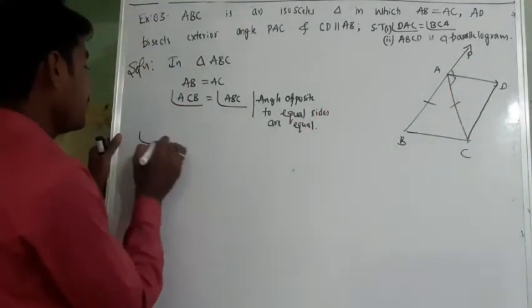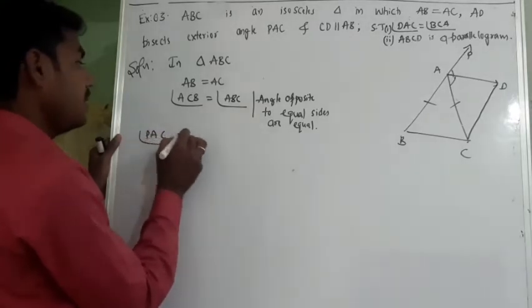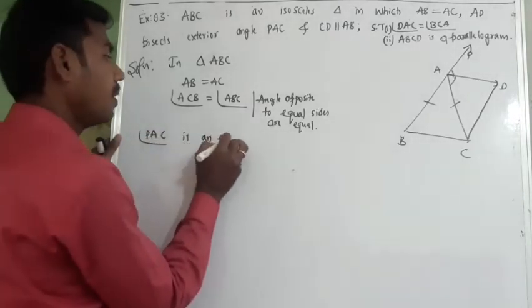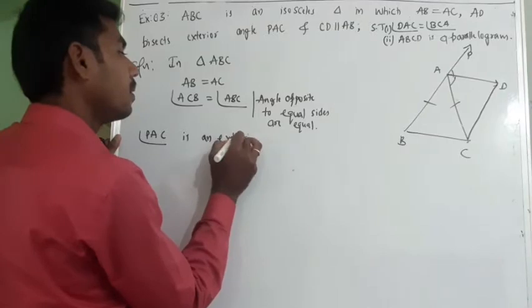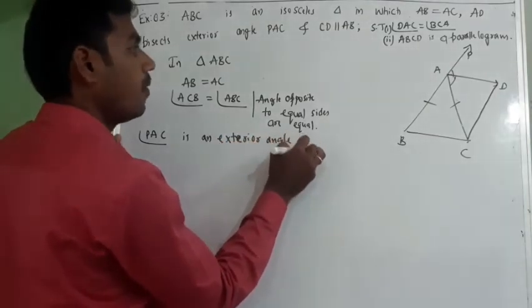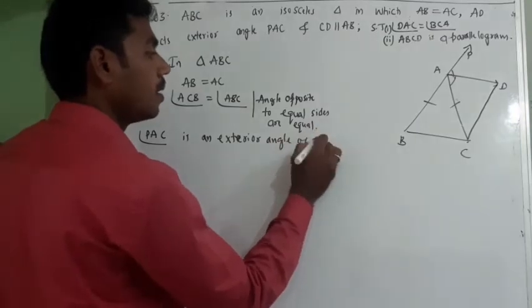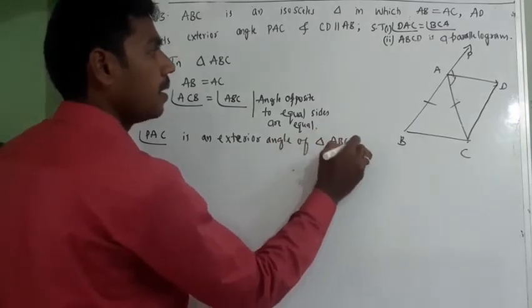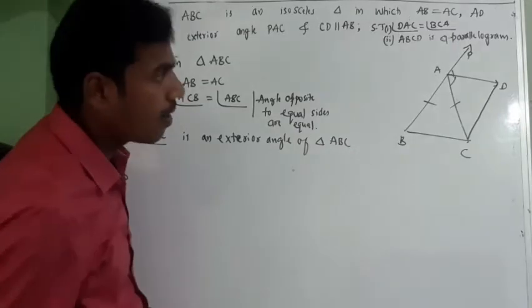Now PAC is an exterior angle of triangle ABC. So if PAC is an exterior angle, what can I write?